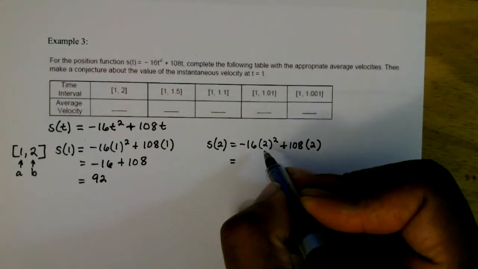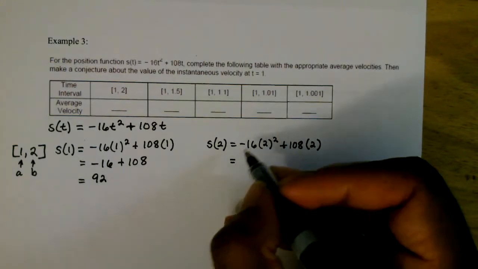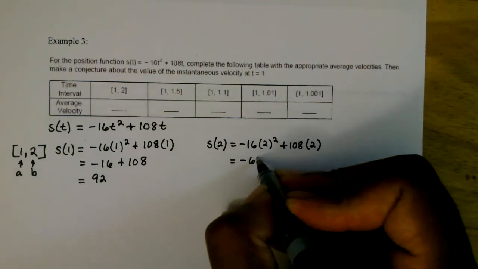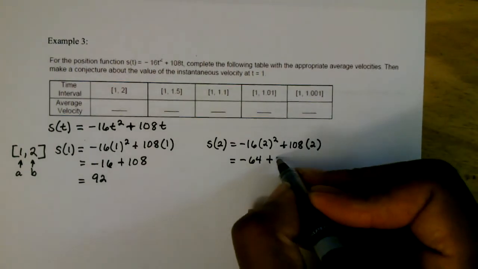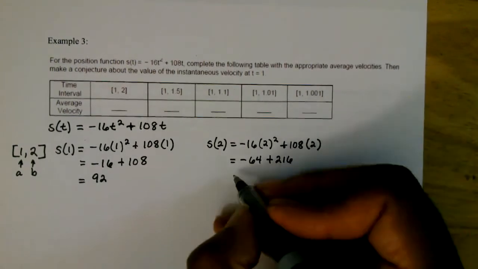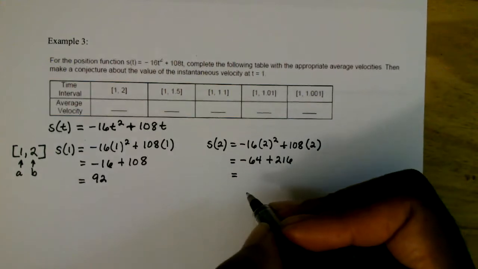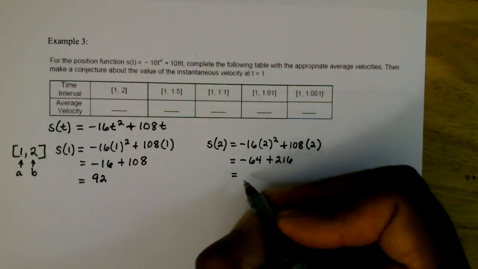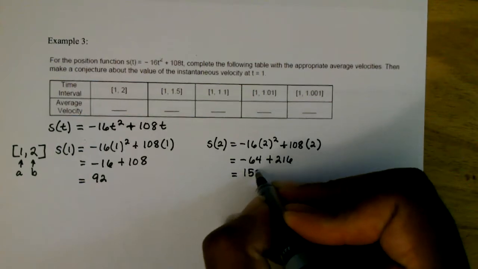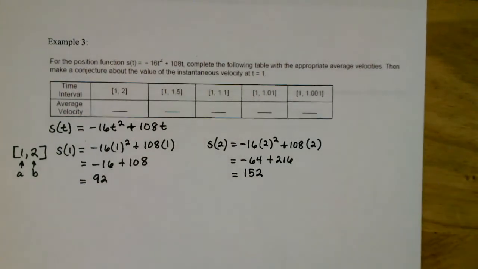Here, 2 squared will be 4. 4 times negative 16 is negative 64. Plus 108 times 2 would be 216. And if I add negative 64 to 216, I'm going to get 152. So at 2, the value of that position function would be 152.